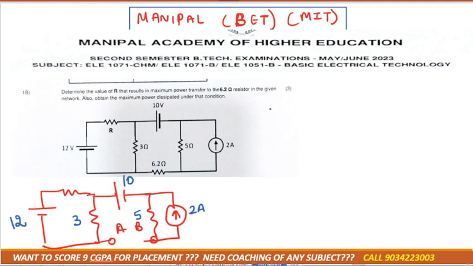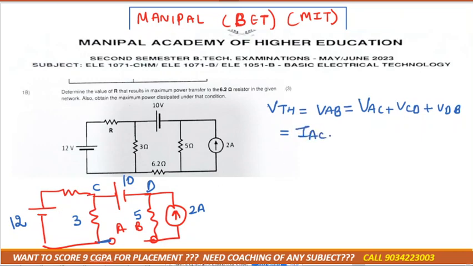Okay. Next we need to calculate VTH. VTH is equal to VAB. Let us consider this one as C and this one as D. Now you are standing at A, but you have to move towards B, correct? So what you can write down is VAC plus VCD plus VDB. VAC is how much? According to Ohm's law, IAC into RAC.